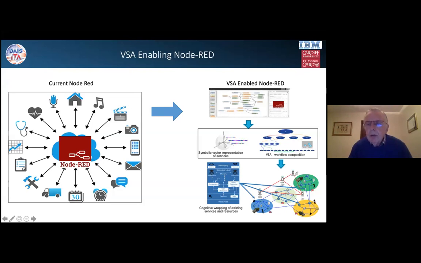And from the vector, we can discover the services that we want to compose our workflow with, and we can connect those services together, all by just comparing vectors. So it's a sort of vector representation scheme that we're dealing with.